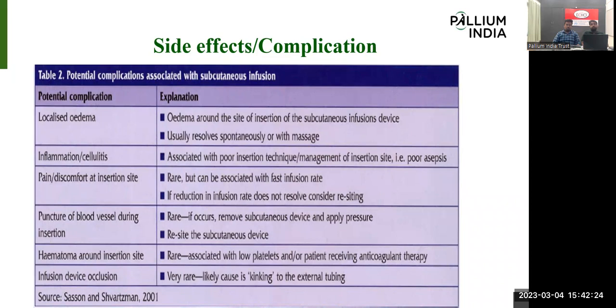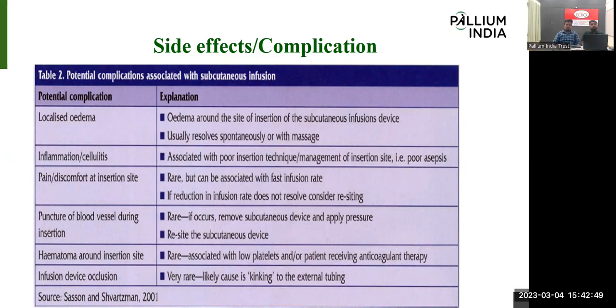It will cause blood or blood-tinged fluid to be seen inside the tubing. That is very rare. If it happens, we can't continue at the same site. Immediately we need to remove it, select another site and continue.